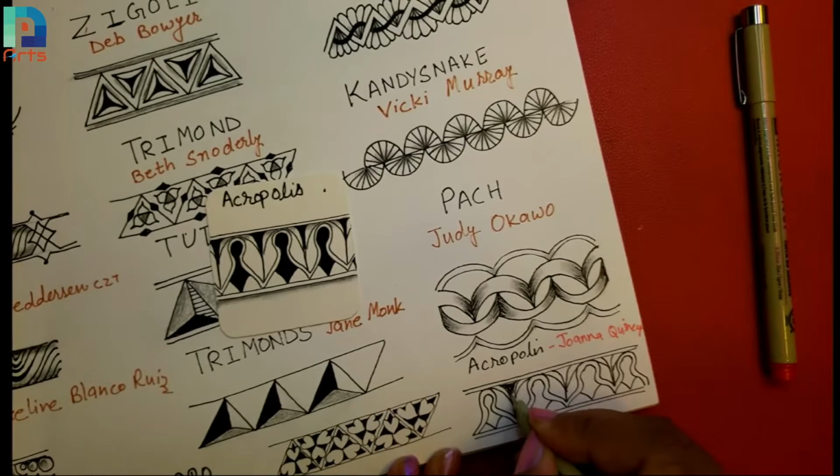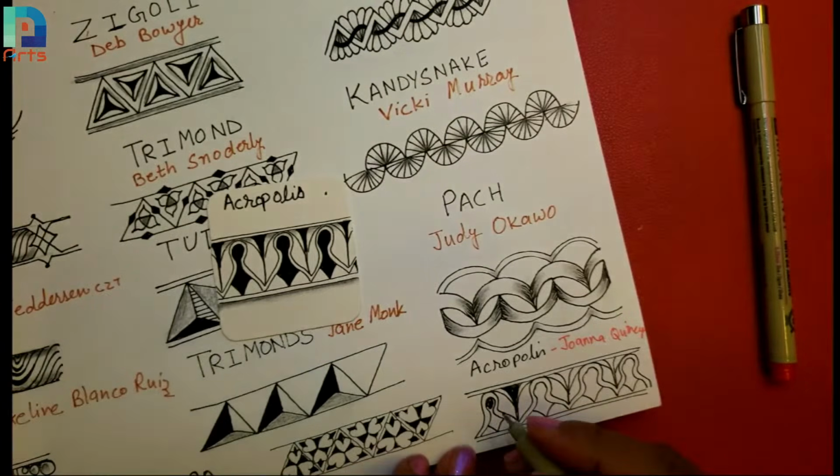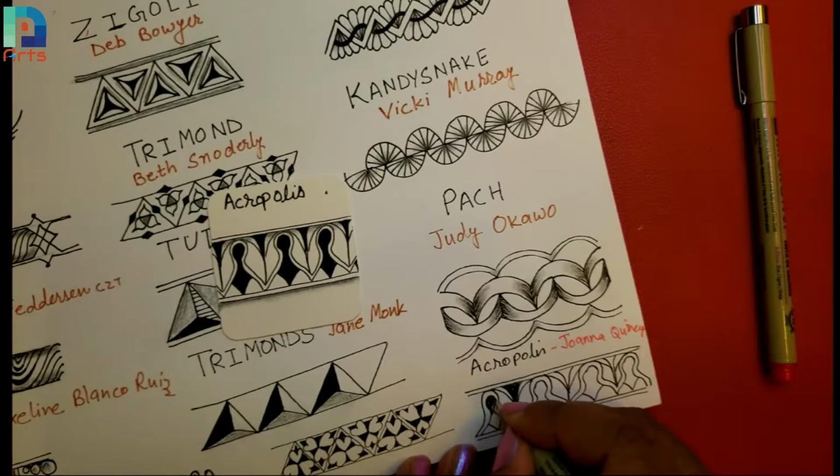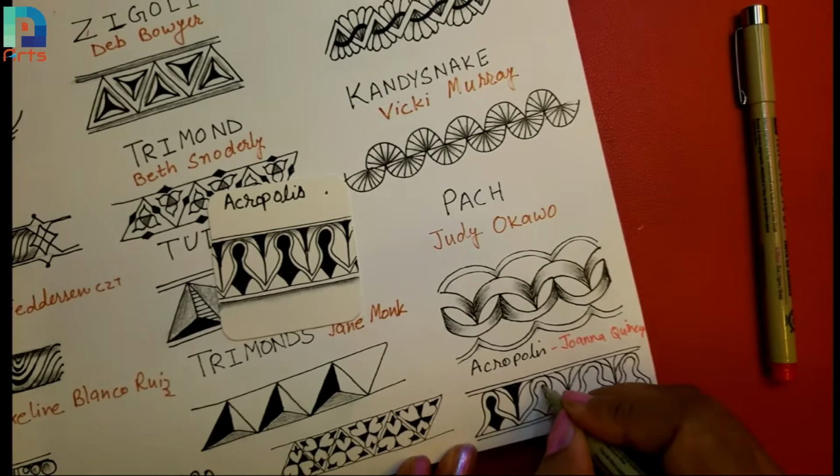So you are going to put a lot of ink in this one too. I'm going to change my pen and use a little thicker tip pen. This is 08 so that I can fill it a little faster. If you want, you can put it into the drama tangle category.